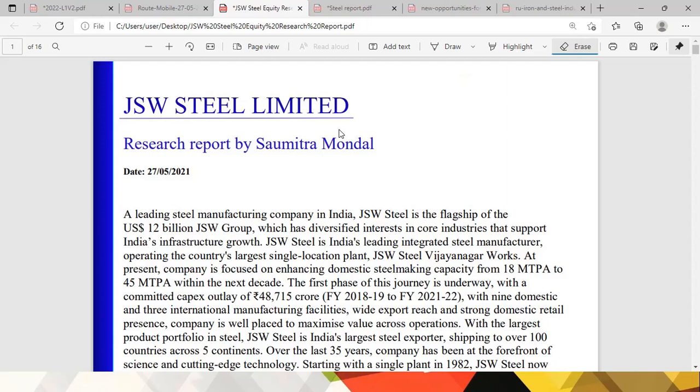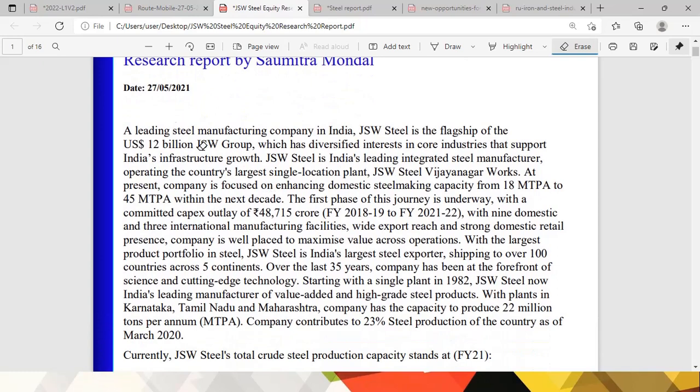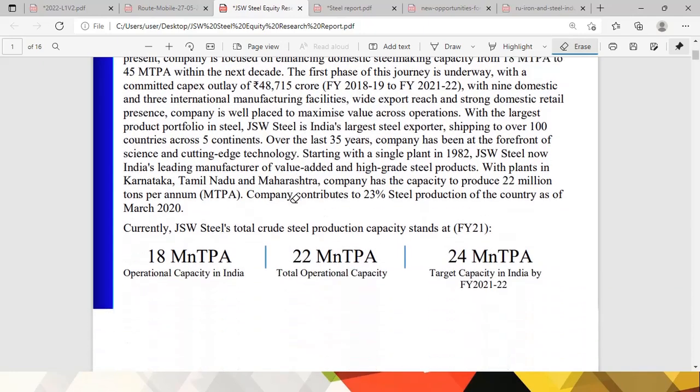This research report was prepared on 27th of May 2021 on JSW Steel. So here I have introduced the readers with the company, what the company does, how this company operates, what is the production capacity of this company.